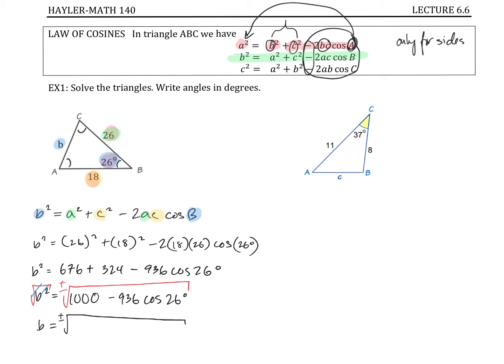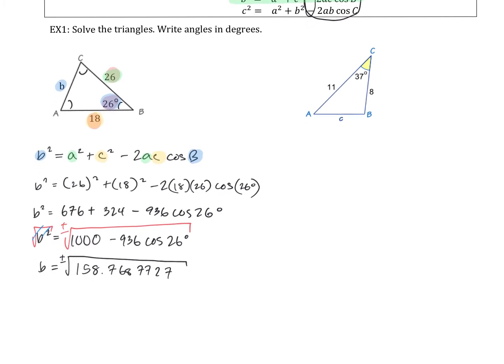You could write down an approximated value inside the root for your work, but I would just take the square root of this in your calculator to get a better approximation. So approximately plus or minus 12.6. And if you need to know how to do a square root in your calculator, you just plug your answer in and then you write caret half power, or you could use the square root symbol. Okay, so B is approximately plus or minus 12.6, but we're going to take the positive.